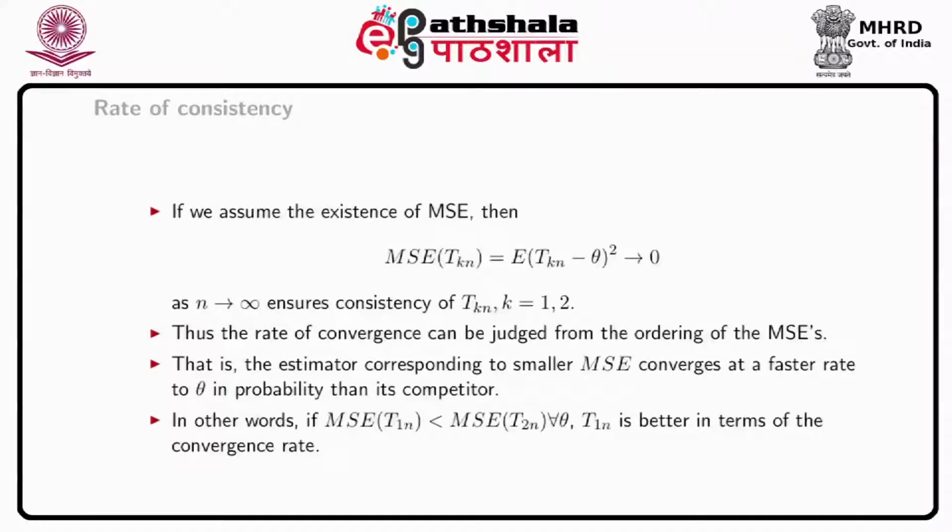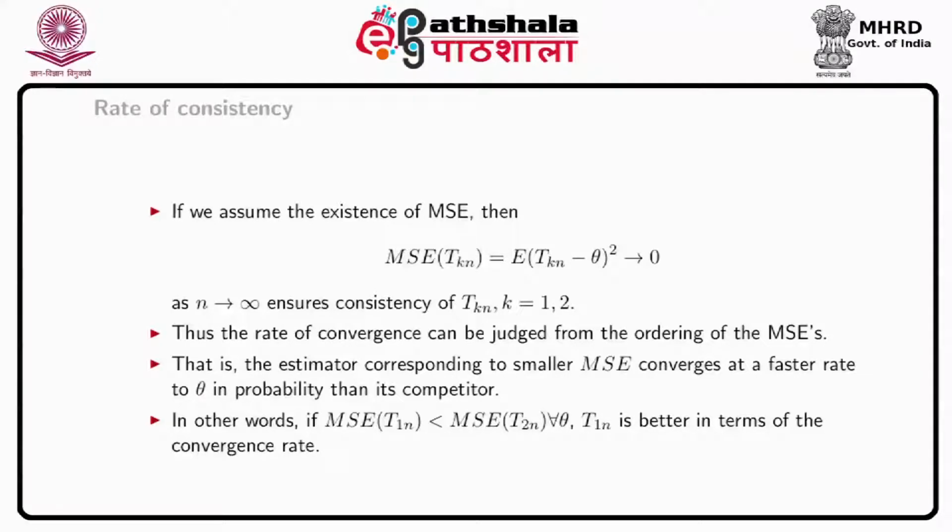However, if we assume the existence of MSE, then MSE of Tkn, which is equal to expected value of (Tkn minus theta) whole square, tends to 0 as n tends to infinity, which ensures consistency of Tkn for k equal to 1 and 2. Thus, the rate of convergence can be judged from the ordering of MSEs.